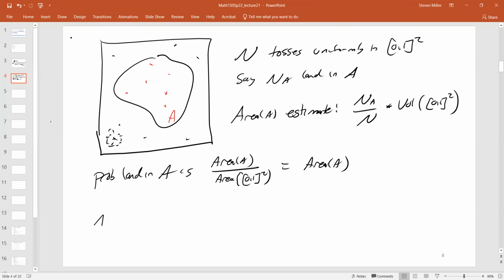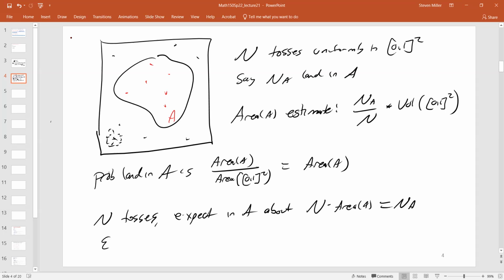So if we do n tosses, how many do we expect inside? If your probability is area of A and we do n tosses, how many would you expect? Yeah, n times the area of A. And that's going to be our N_A.